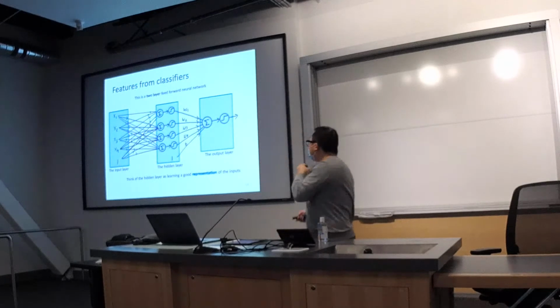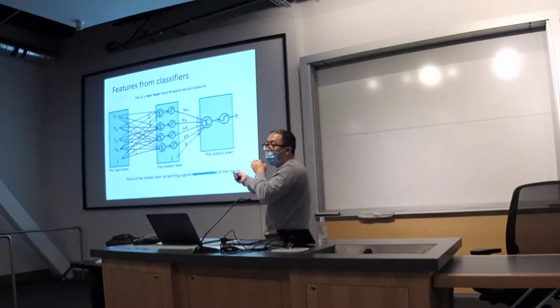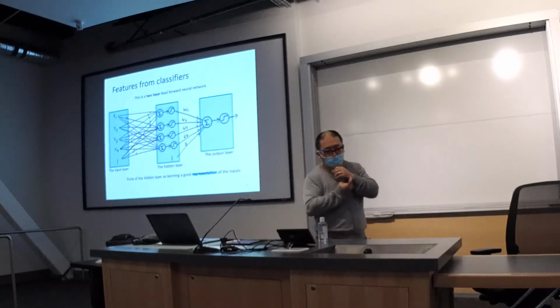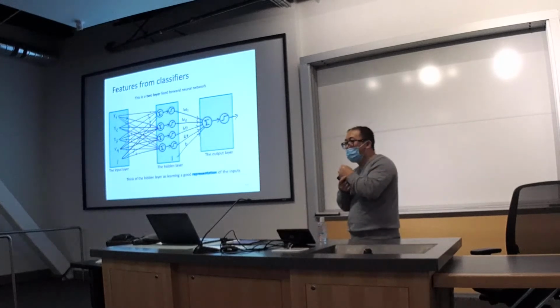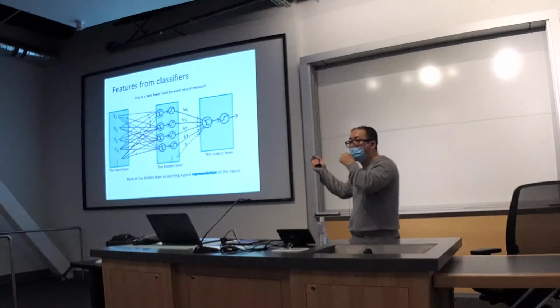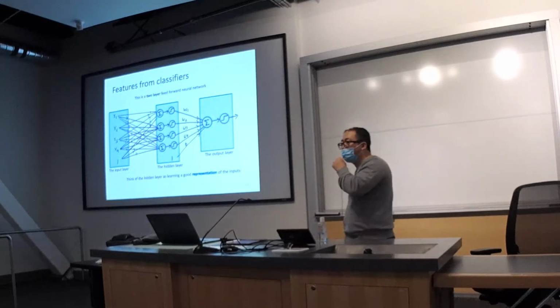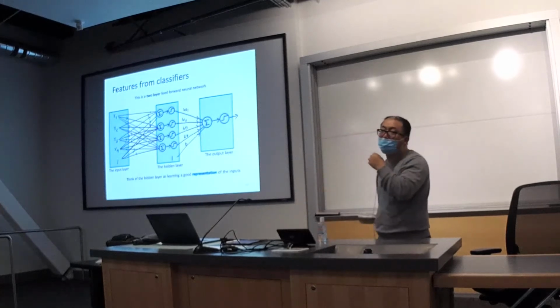And the leftmost one comes directly from data, so it is called the input layer. There are in total three layers, but according to neural network literature, we usually do not count the input layer. So we call it a two-layer feed-forward neural network, because the input layer is known.